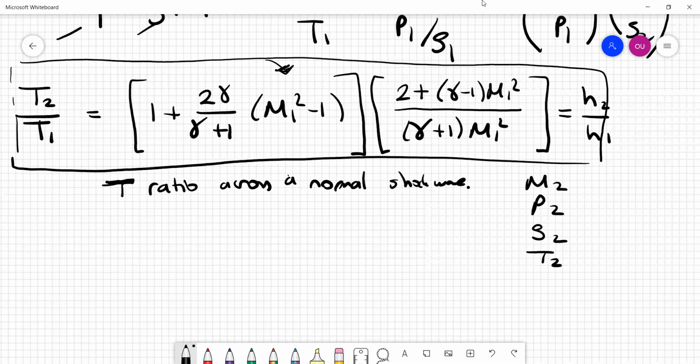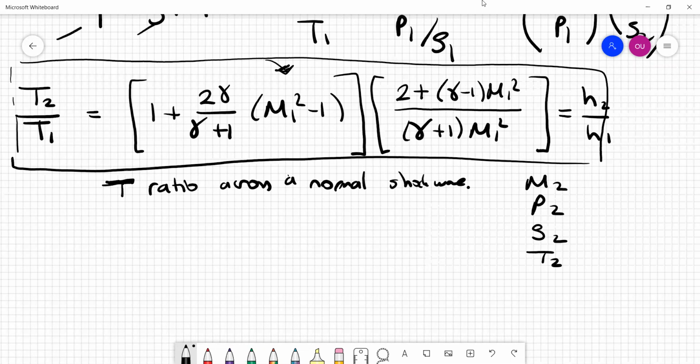So we need to know these conditions to understand the temperature on our vehicle, the pressure on our wings, the lift characteristics, the loading on our aircraft. All are determined by these conditions after the shock wave, because as I'm saying again, our vehicle is sitting behind the shock wave with respect to the flow.